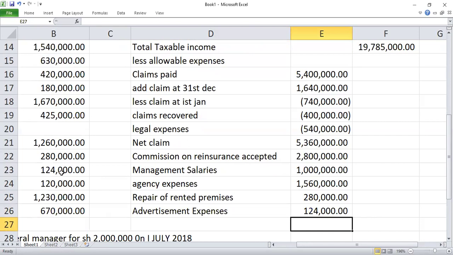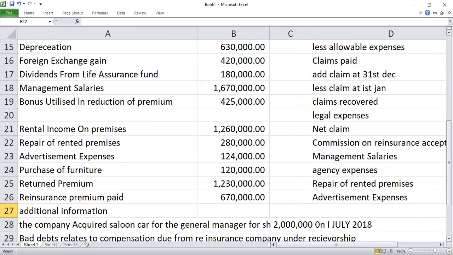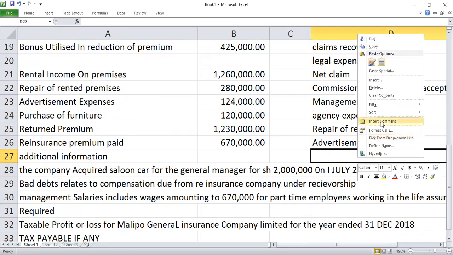Then finally we have furniture, which will qualify for wear and tear. Managed salaries amount to 7. So we have furniture. Now we need to insert a new row.